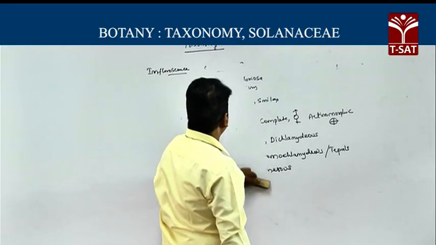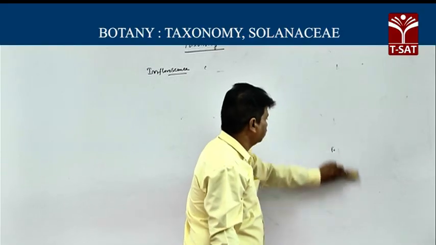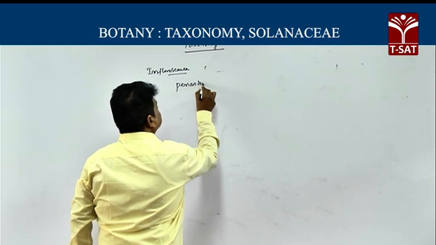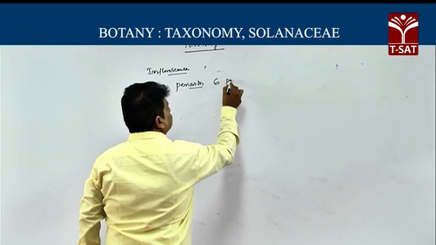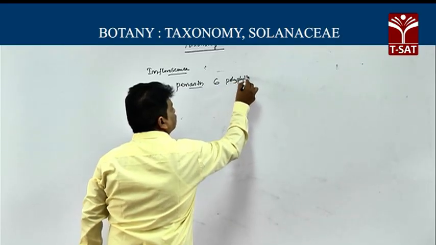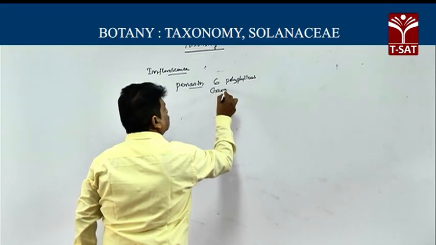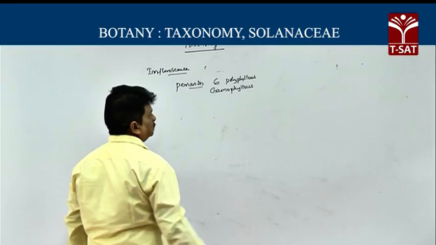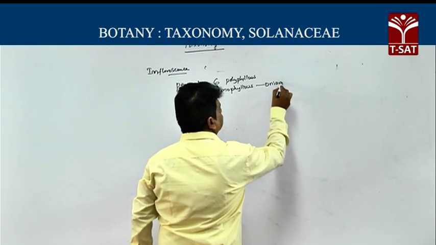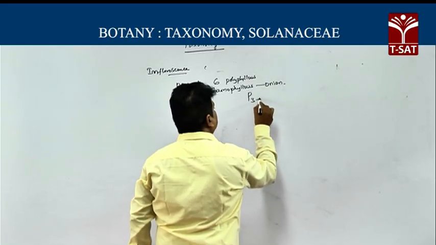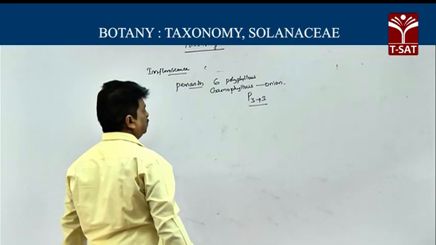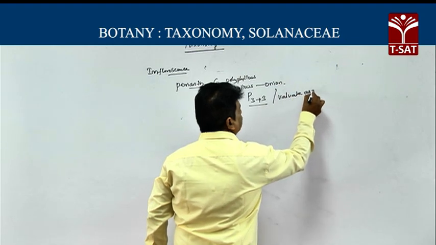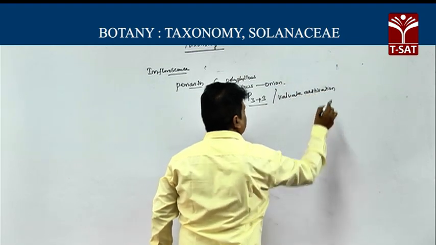Then individual description. First one, perianth members. These 6 perianth members are polyphyllous, meaning free, or gamophyllous. Generally gamophyllous in onion. They are arranged in 2 rows, 3 plus 3, and show valvate aestivation.